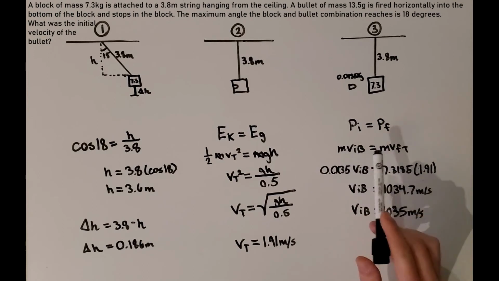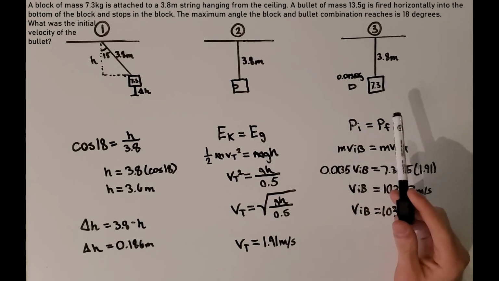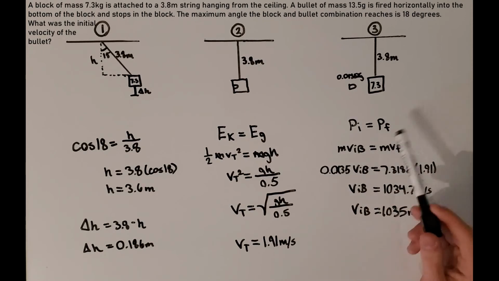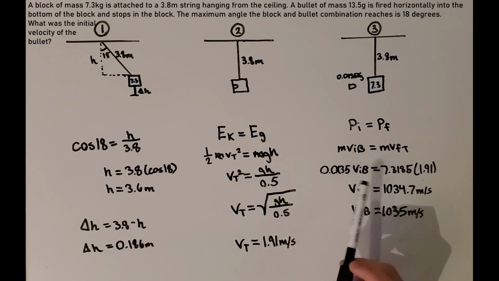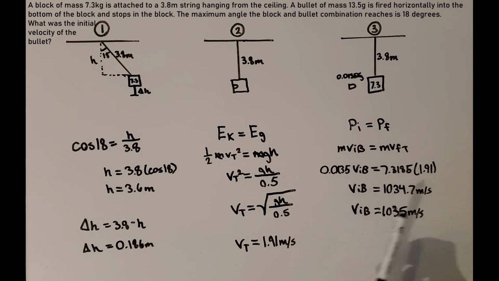The initial momentum is only the bullet's because the block is at rest, and the final velocity will be all of them together. We plug in our known values that we've just calculated, isolate for the initial velocity of the bullet, and we get an answer of 1,034.7 meters per second, which is rounded to 1,035 meters per second.